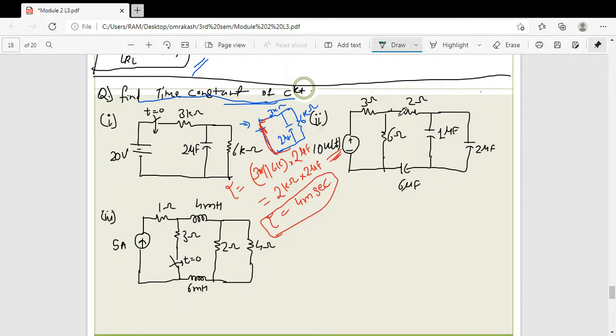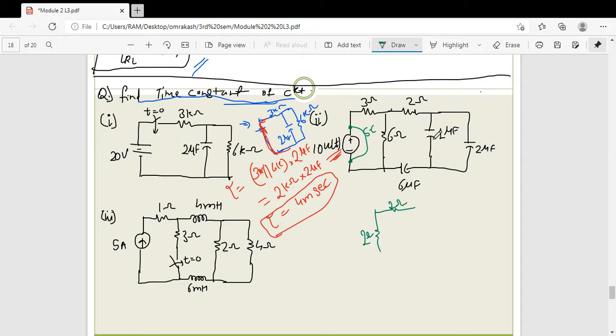First of all, deactivate all the active sources. How to deactivate? By making a short circuit for this element. Now observe how the circuit looks. This 3 is parallel with the 6 ohm. So what is the equivalent for this? 2 ohm, right? Now same, this is your 2 ohm.